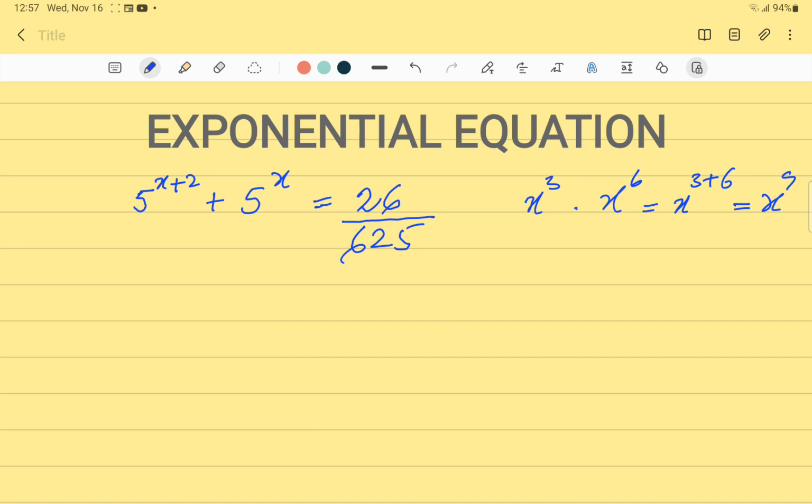That is, if we have x raised to the power 7, we can write it as x raised to the power 3 plus 4, which means x raised to the power 3 into x raised to the power 4. Now what about 5 raised to the power x plus 2?